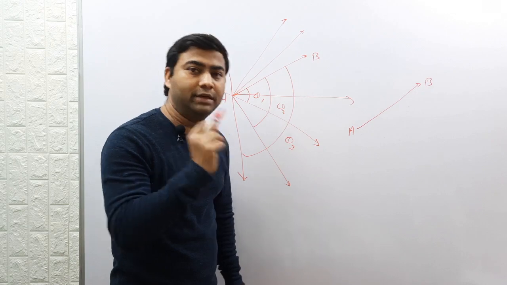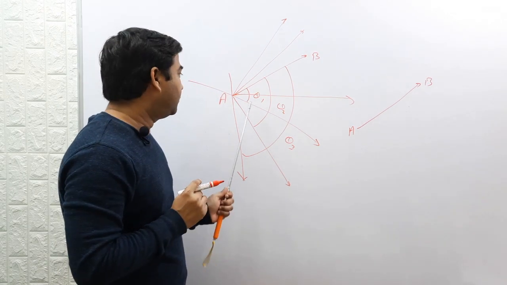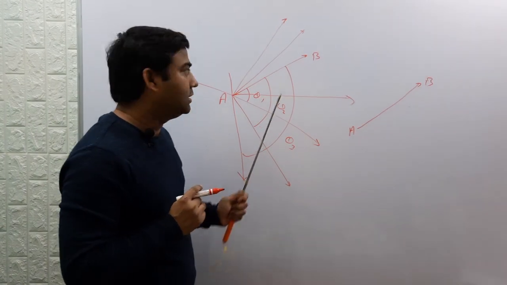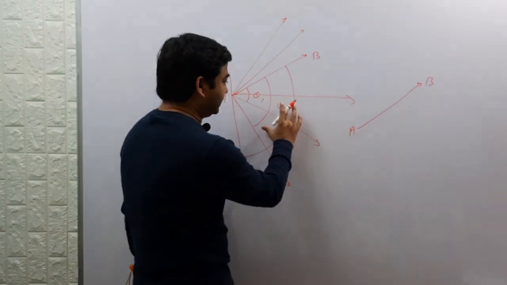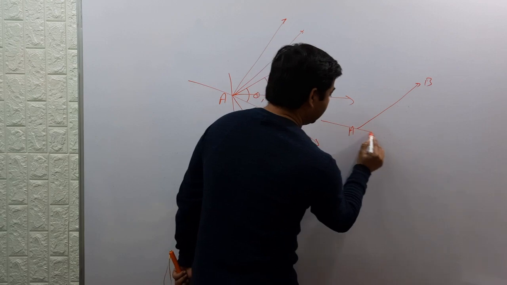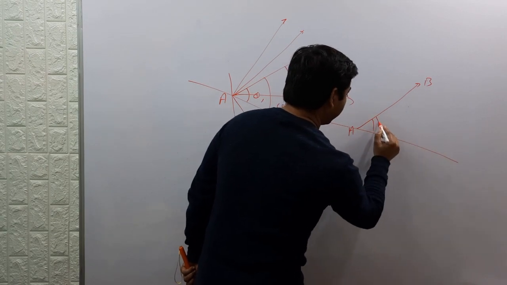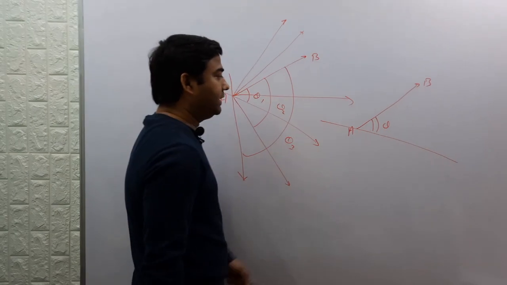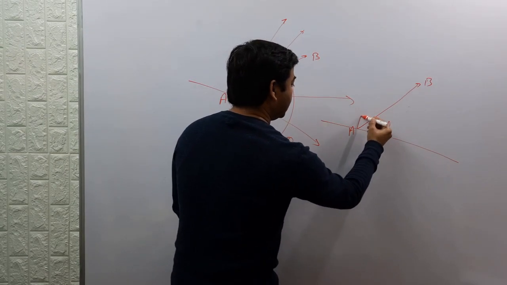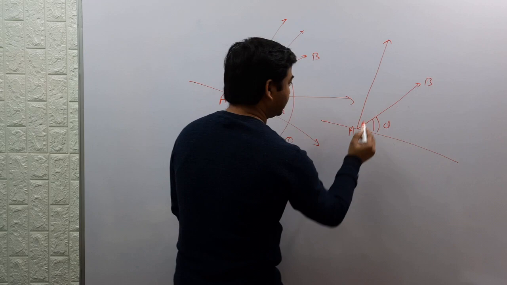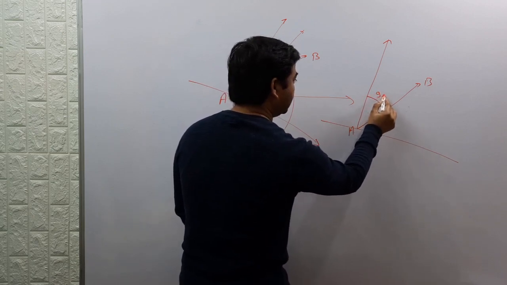There will be only one particular combination for a given value of theta from the given vector. So when we fix the value of theta, then perpendicular to this axis, this angle is also fixed. This is 90 minus theta.